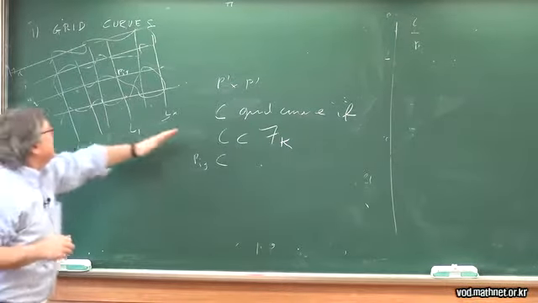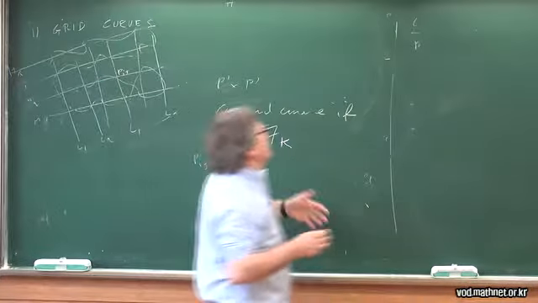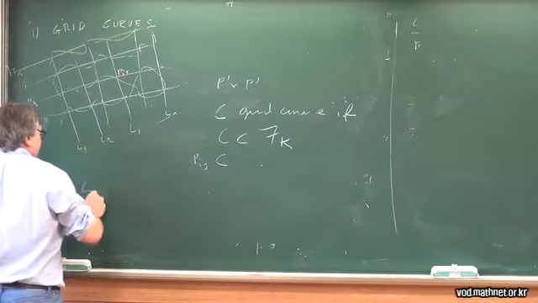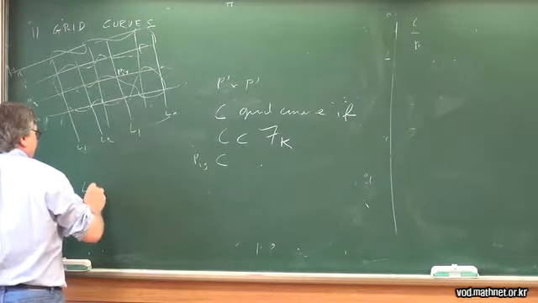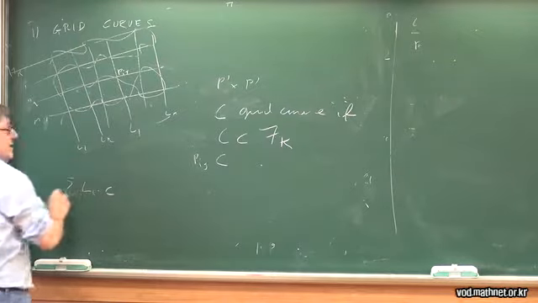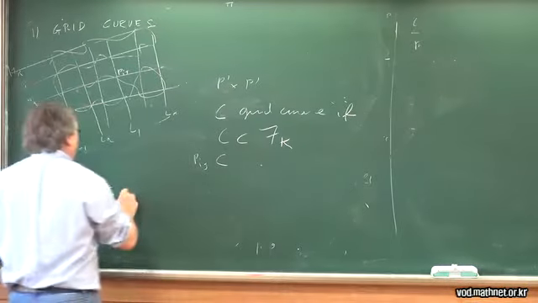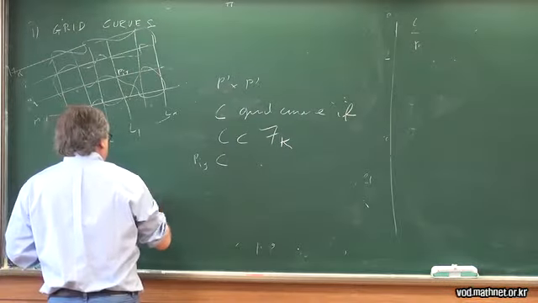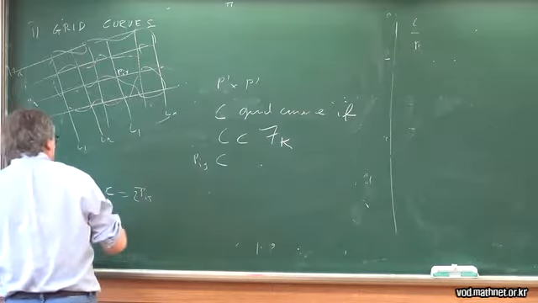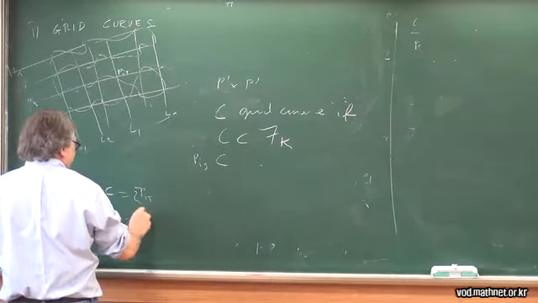And then, okay, you take this curve, and then you notice that if you take Li intersecting C, and then you sum, obviously it is the sum of these Pij, and the same happens if I take the sum of Mi.